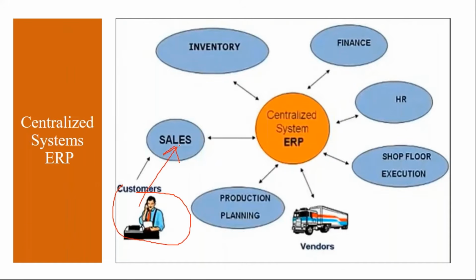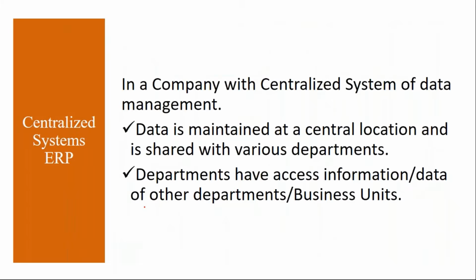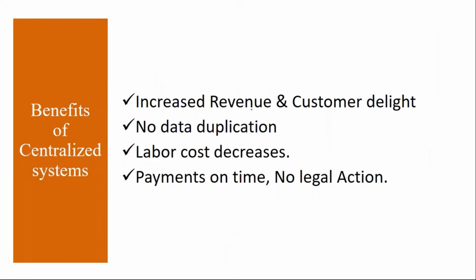In this case, the sales department will have access to the inventory department data. They will check the data, and if the stock is available, they will immediately arrange for the sales. So this will result in increased revenue and customer delight. You can deliver the product immediately to the customer.